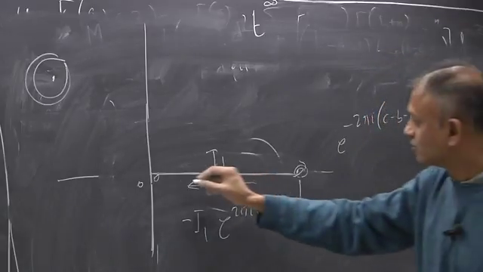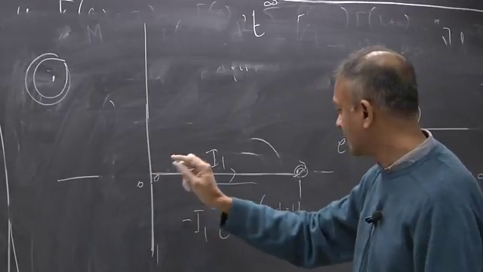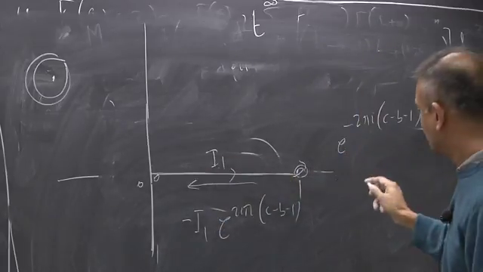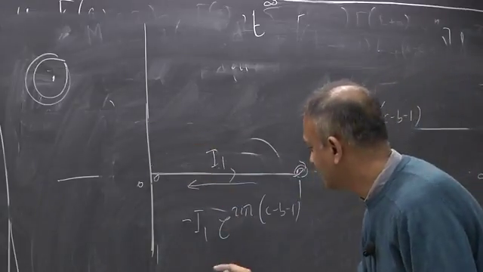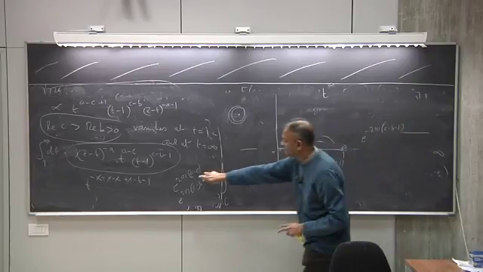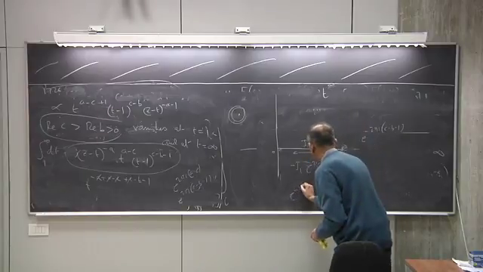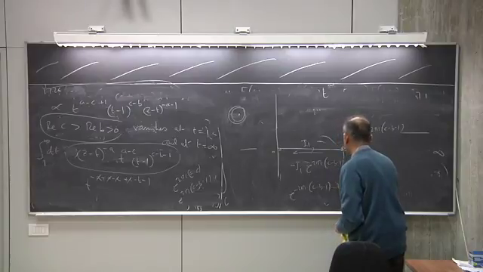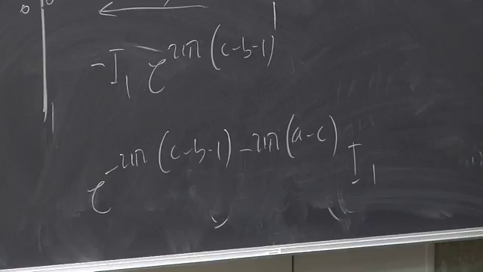Now you go clockwise around this, clockwise again around that, and again go along I1. The first step you got that, the second step you got that. Now you go clockwise, so you get this phase times the negative of that phase. Altogether you get e to the minus 2 pi i (c minus b minus 1) minus 2 pi i (a minus c) times I1, with no negative sign because now the orientation is the same way.